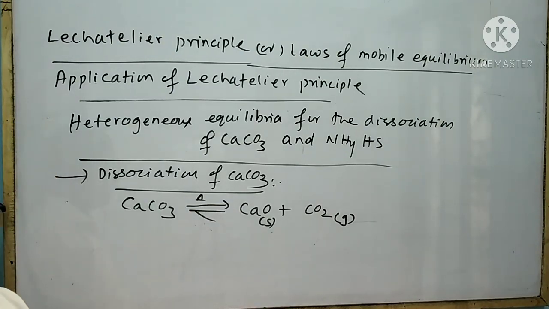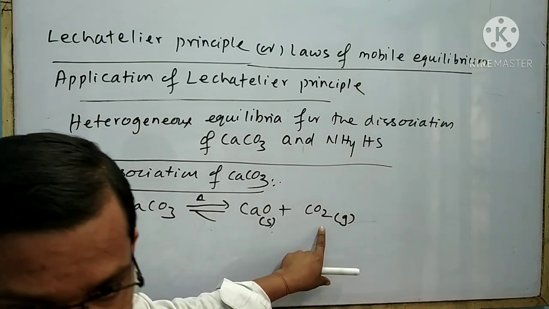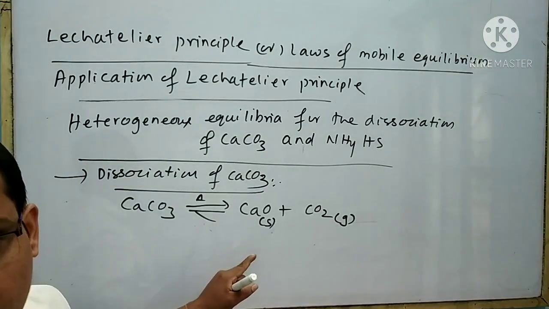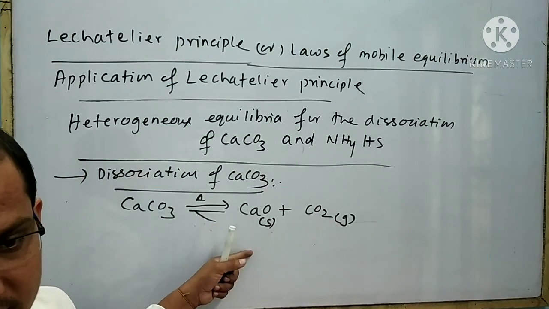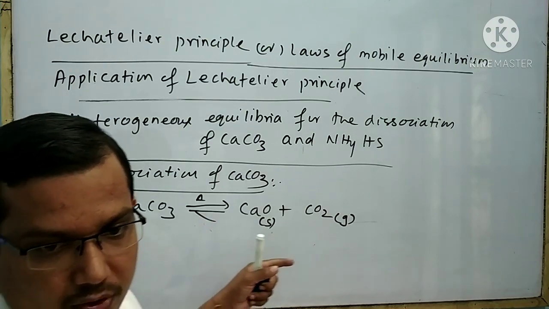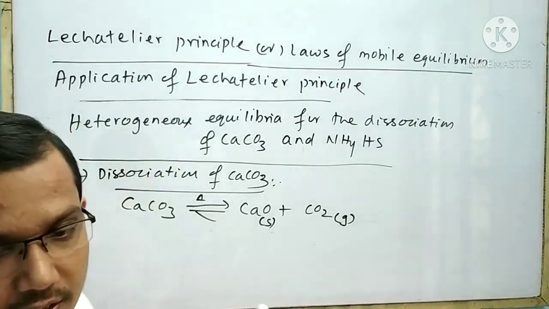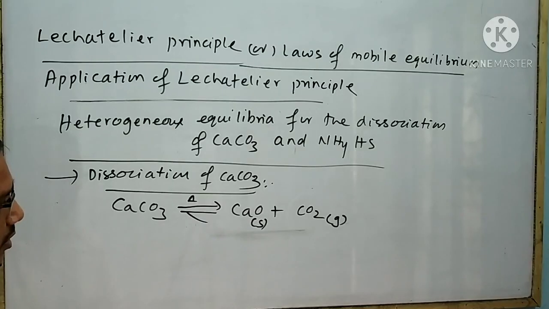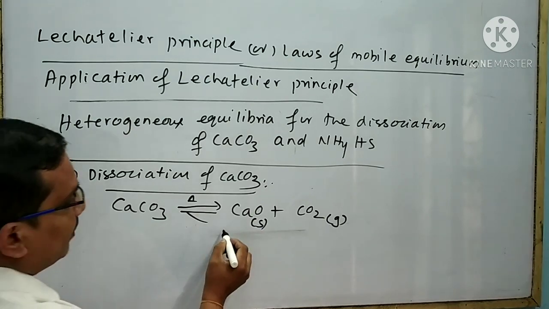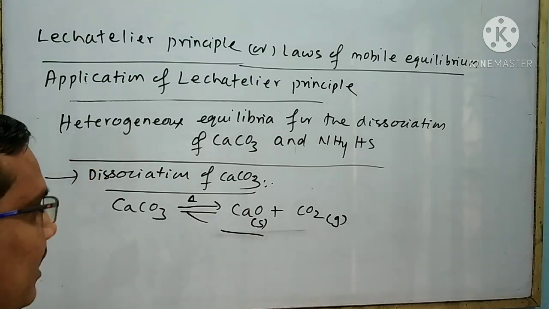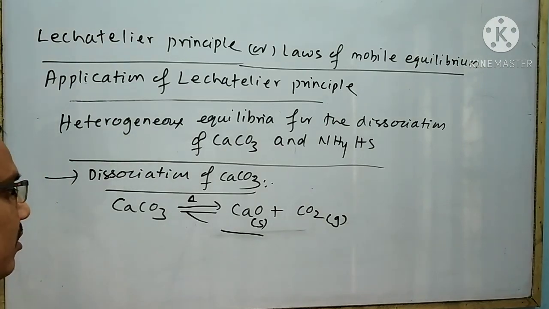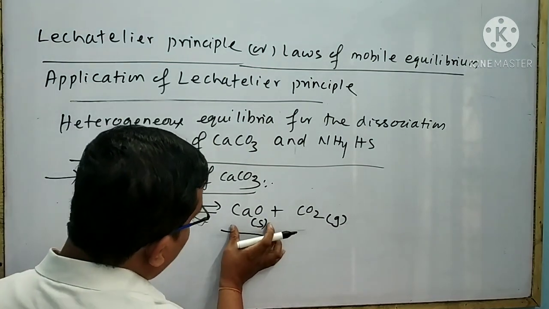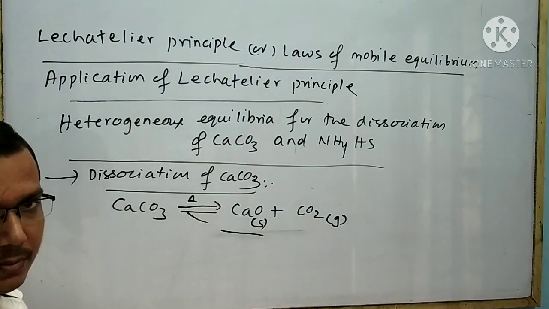are formed. If the evolved carbon dioxide gas is removed from the reaction mixture, then the reaction will continue to proceed in the forward direction and CaO will be continuously formed till whole calcium carbonate is decomposed. That means for the formation of calcium oxide, we need a forward reaction. For the forward reaction, it is bound to decrease the amount of calcium oxide or carbon dioxide.